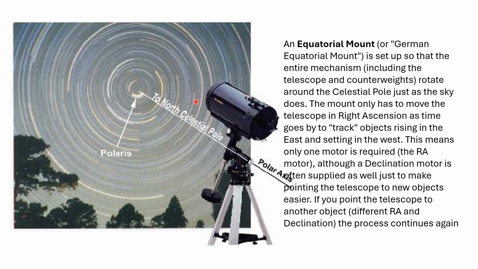This means only one motor is required, although a declination motor is often supplied as well to make pointing the telescope to a new object easier. If you point the telescope to another object, with different RA and declination, the process continues again.